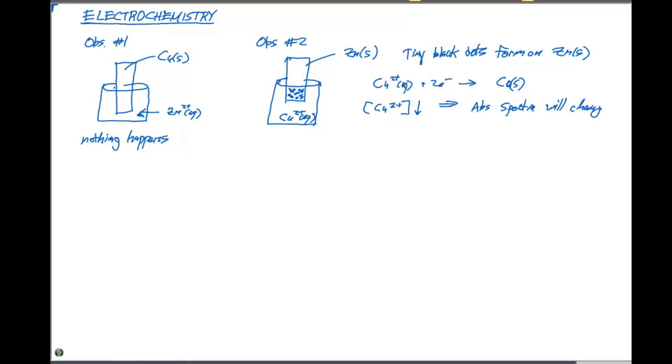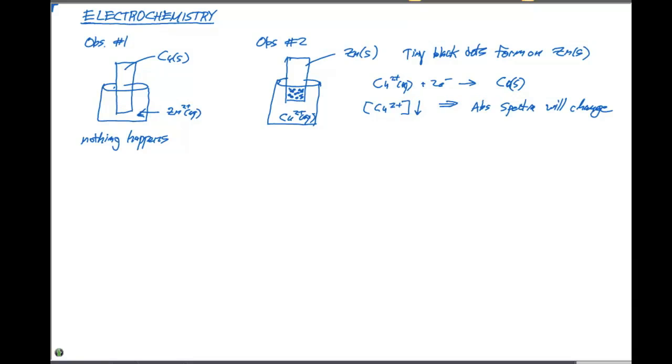If we were monitoring the progress of this reaction, we could see that the copper concentration will change. If we let it go for an hour or two, we could visibly see this with our eyes, because if we're using 1 molar copper solution, it's going to be this deep blue color. And as that concentration drops with time, it's going to get a lighter color.